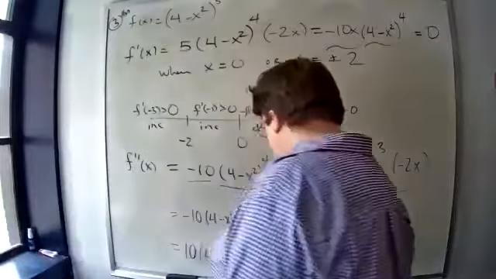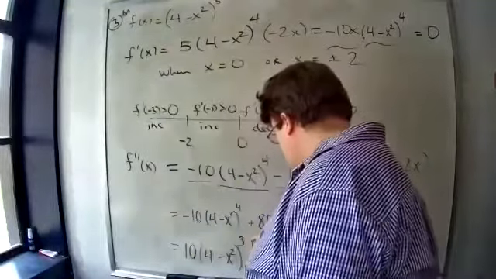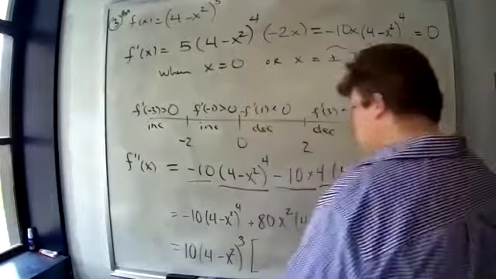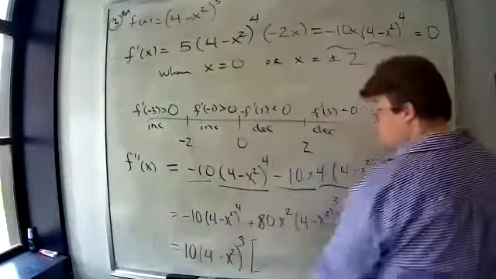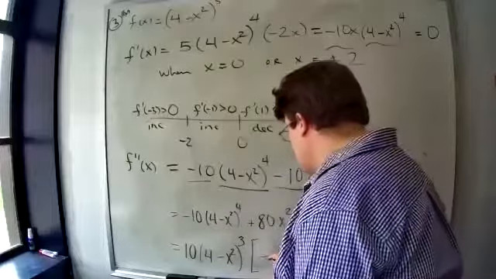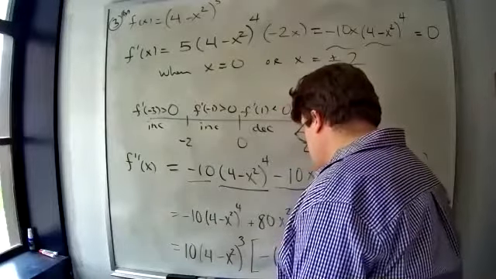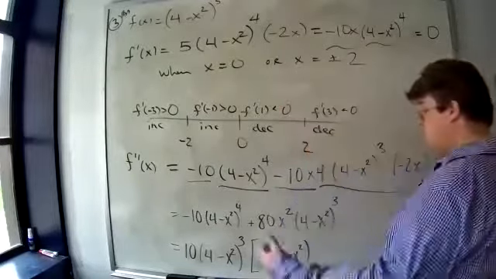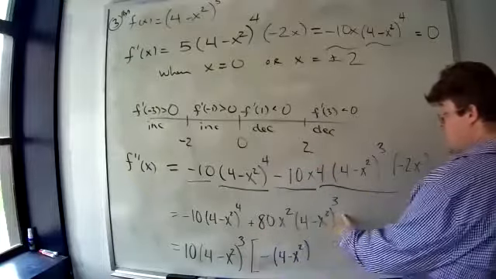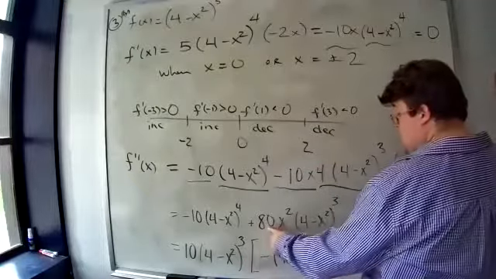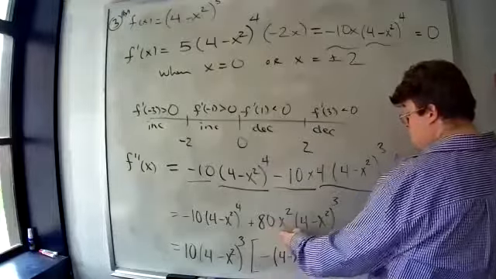And what are we left with here? Well, we're left with that negative, and we're left with another 4 minus x squared. You pull a 10 and 3 of these off of this second term, you're left with an 8 and these two x's.